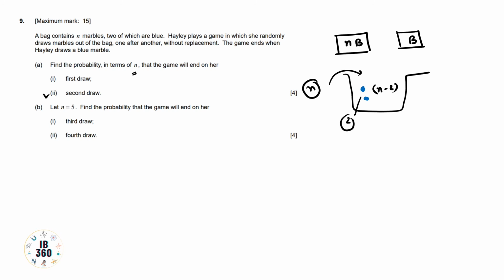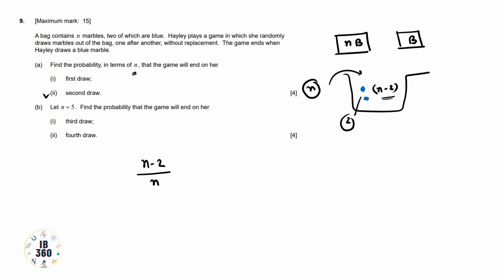So the number of marbles that are not blue is n minus 2. The total number of marbles is n, so the probability of not getting a blue marble in the first draw is n minus 2 divided by n.